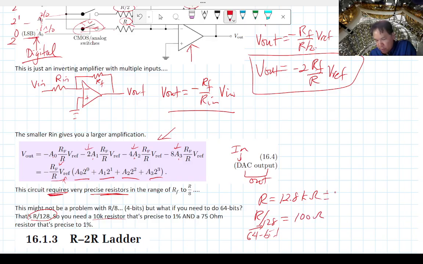And maybe this will give you plus or minus 1% if you buy some expensive ones. But you also have to buy the plus or minus 1% on the 10 ohm, which is very, very difficult.